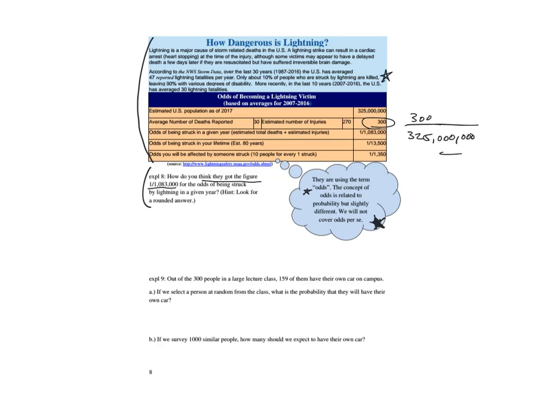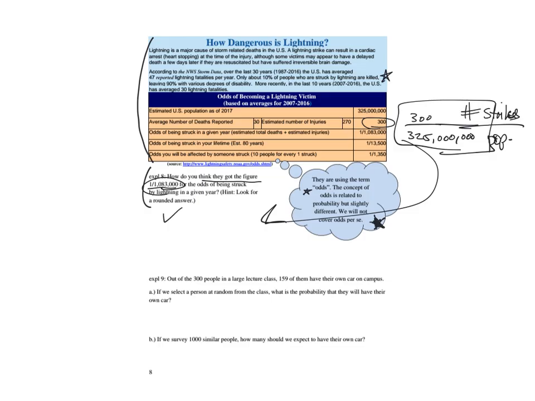Odds of getting struck by lightning, think about that, what they thought, well, we'll take the number of strikes, basically, and divide it by the population. And if you do that, you'll notice you get strikingly close to that 1 over 1,083,000.